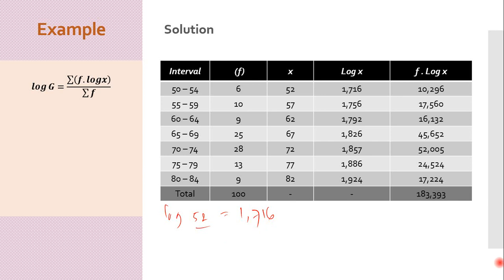The last one is just multiplying: f multiplied by log x. So 6 multiplied by this, 10 multiplied by this, and so on. And don't forget to add them up so you can get the sigma.